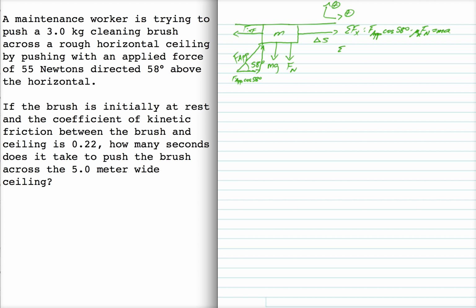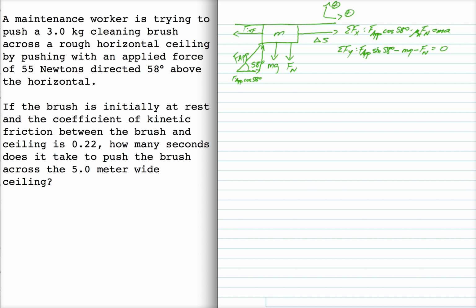In the y direction, I've got the vertical component of the applied force, which is positive, it points up, minus gravity, points down, so it's negative, minus the normal force, which points down, it's negative, and that's going to sum to 0.